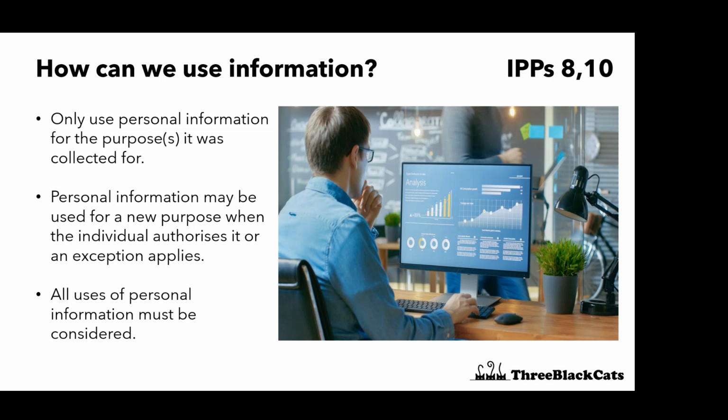So when we think about using it, we need to think about all uses. We quite often see privacy issues occur due to product development, so testing and developer teams using copies of production personal information in non-production environments.